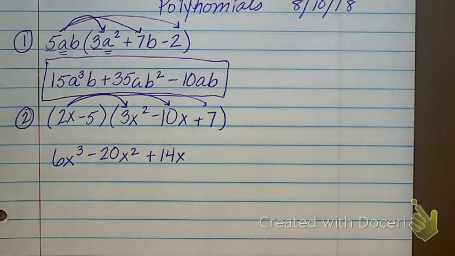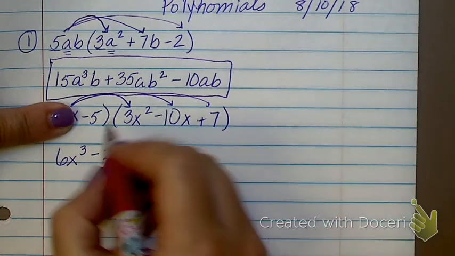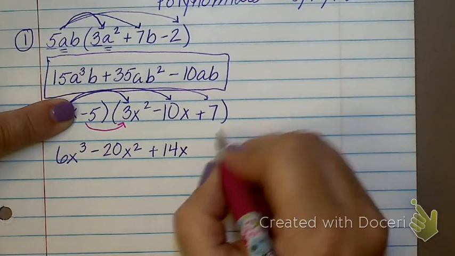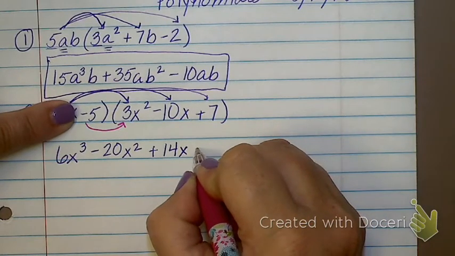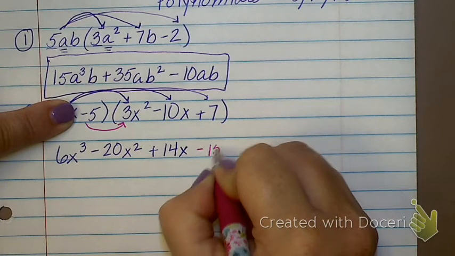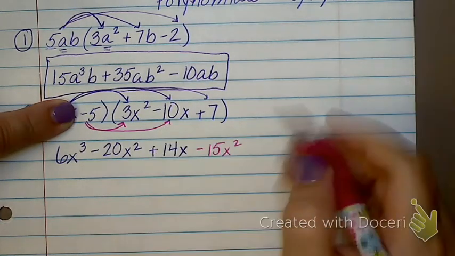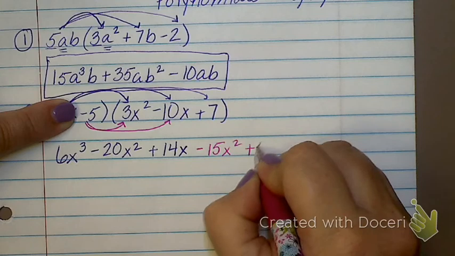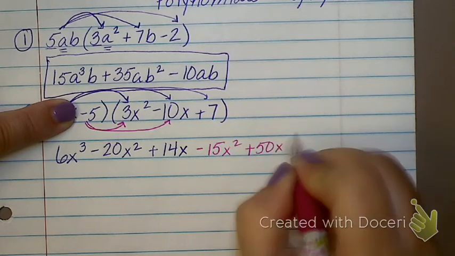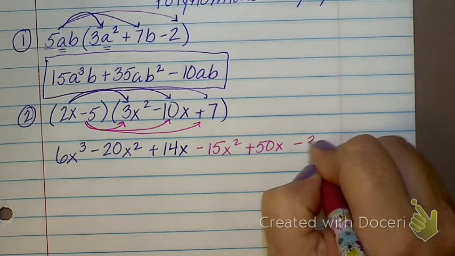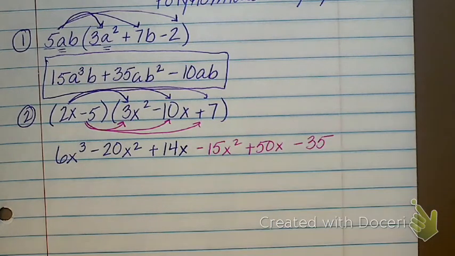Now I'm going to pretend like the 2x doesn't exist, and I'm going to take the negative 5 and distribute it. So negative 5 times 3x squared gives me negative 15x squared. Negative 5 times negative 10x is positive 50x. And then negative 5 times positive 7 is negative 35.